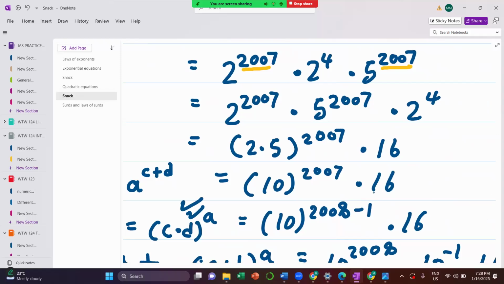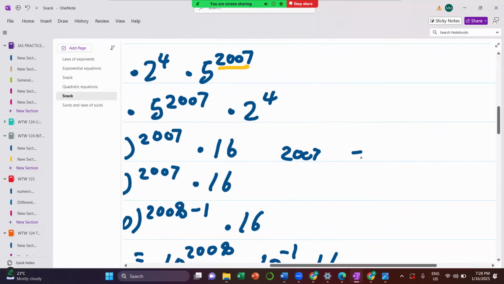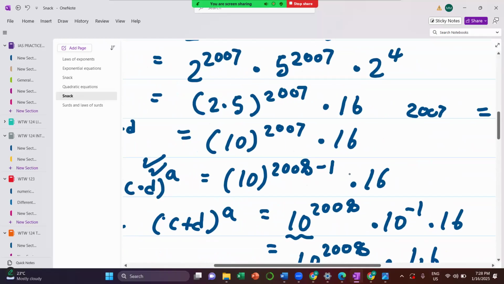Oh, all right. So 2007 we can write as 2008 minus what? 1. Are you okay? Yes, sir. And then we'll be able to separate this 10 into the same bases but different exponents. You see that?